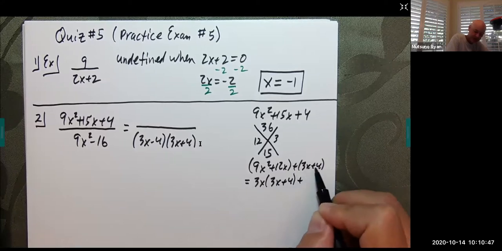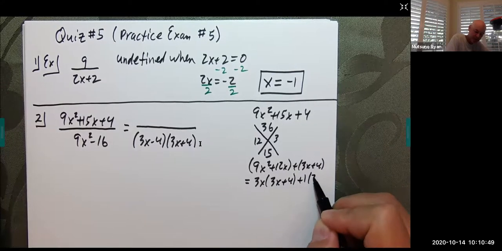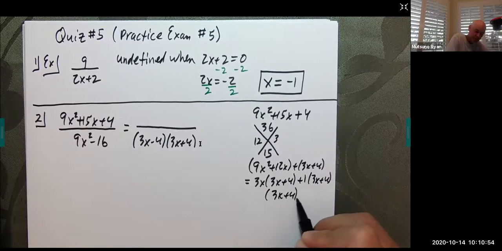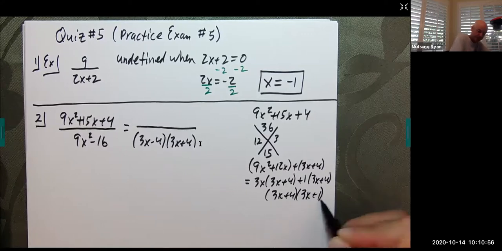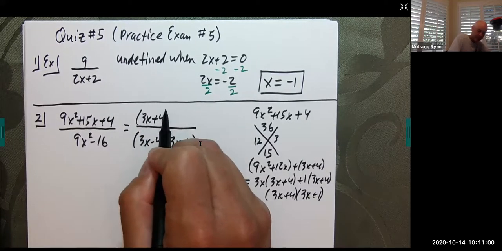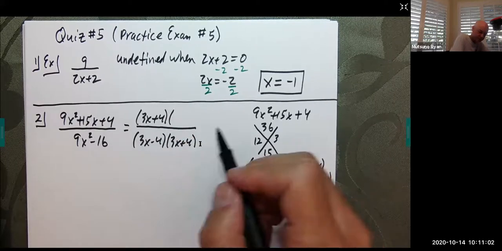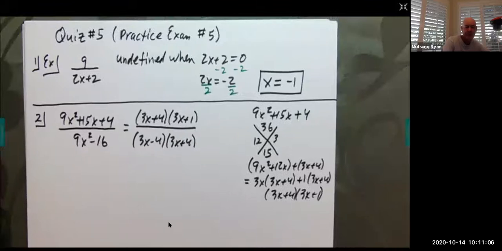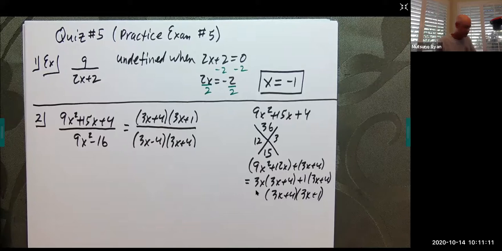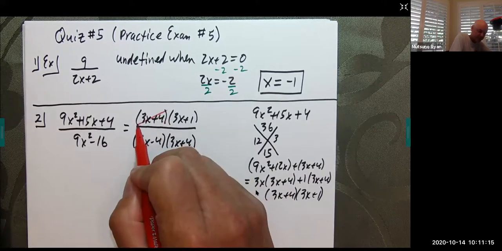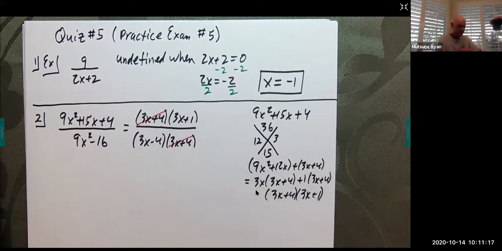There's nothing to factor there, so I'm just going to put a 1. So here I have 3x plus 4 and 3x plus 1. And I'm going to notice that the 3x plus 4s reduce out.